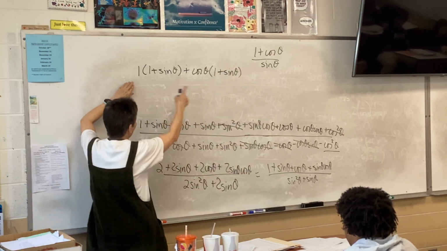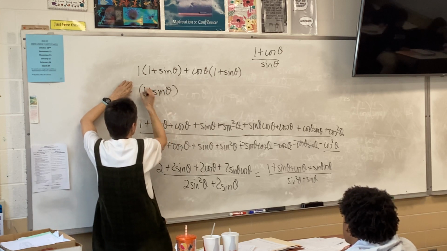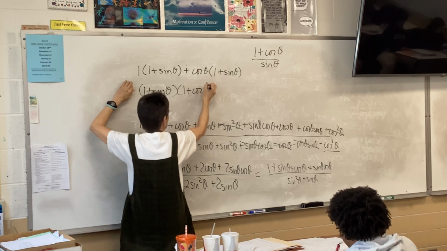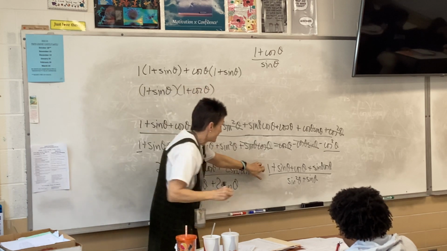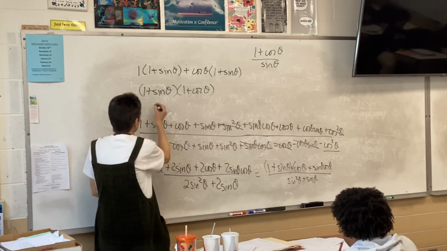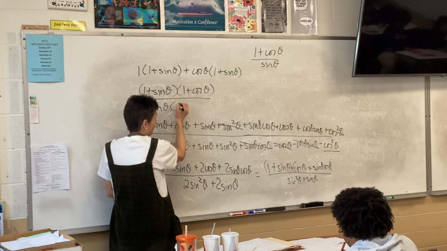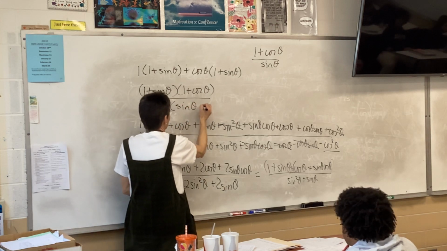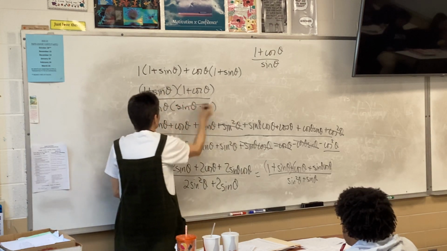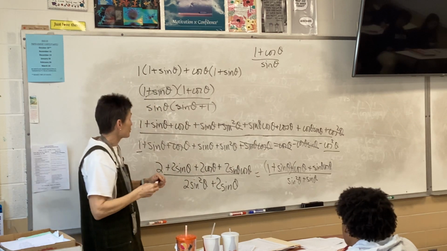So the top factors, and this is just the top now, 1 plus sine times 1 plus cosine. That's this, I factored it by grouping. And then the bottom will factor by taking out a sine. We did it. Faster than I thought, actually.